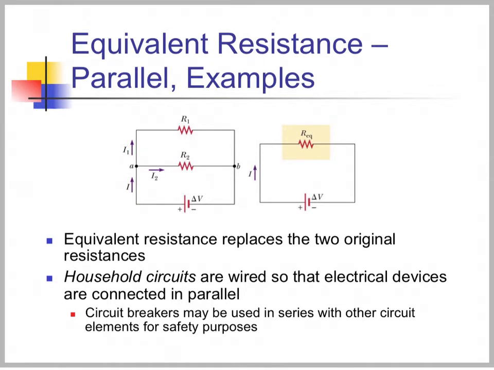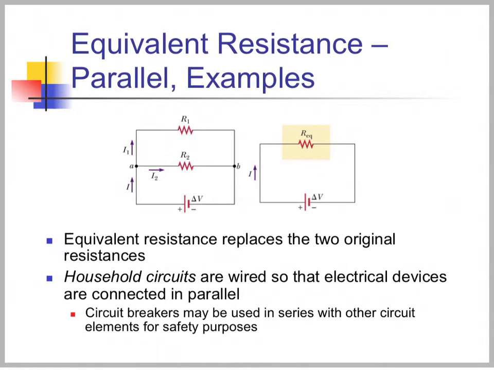So, if I have them in parallel, I know that the voltage across each one is the same. And I know the voltage across this equivalent resistor is the same as each individual one.